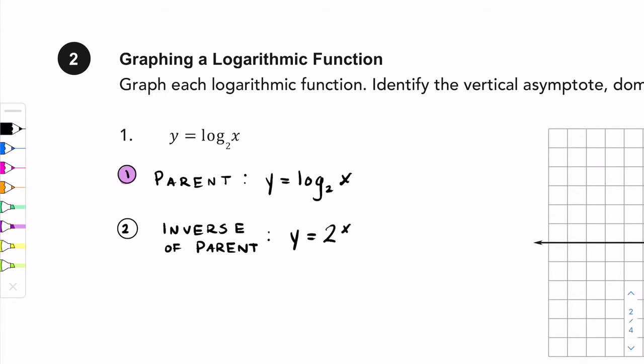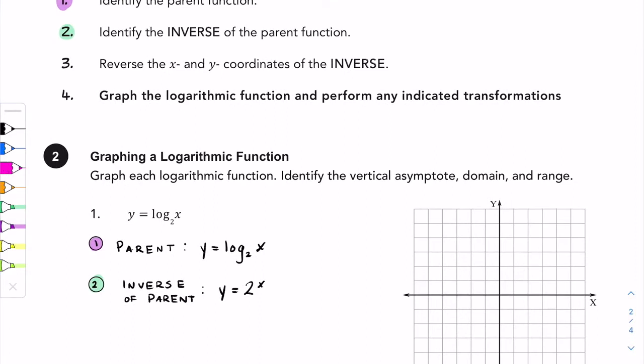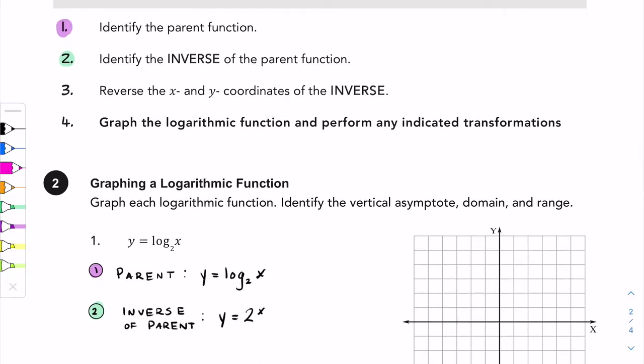Now, within step 2, I'm just going to add another little note that says make a table of values. And when you make a table of values, use the same test points that we used when we were graphing exponentials. So test your x values of -2, -1, 0, 1, and 2.